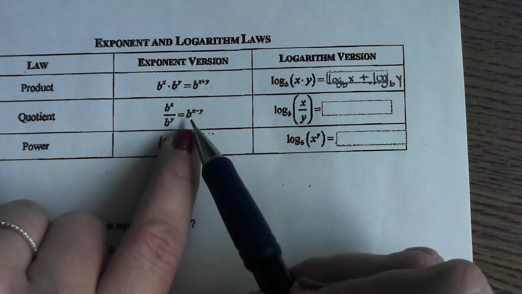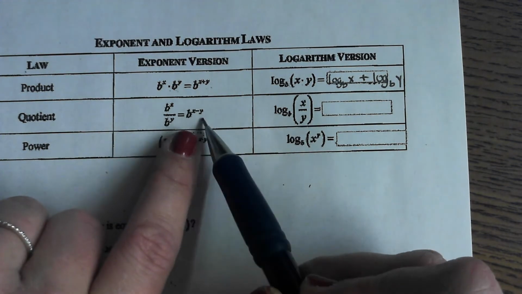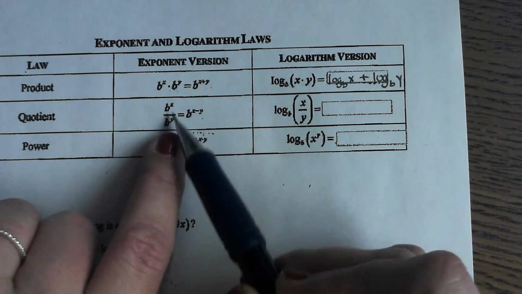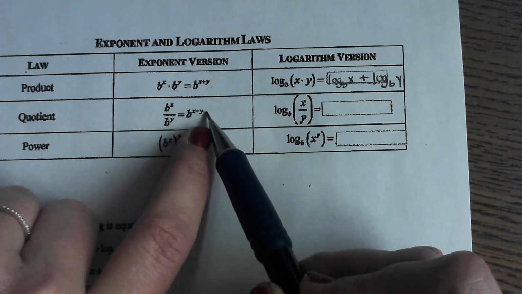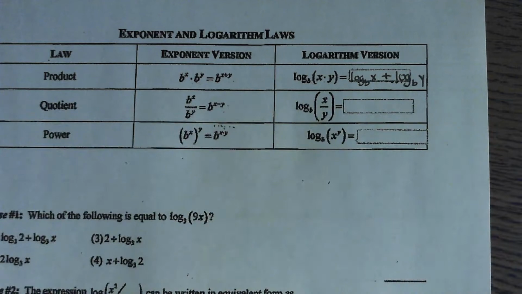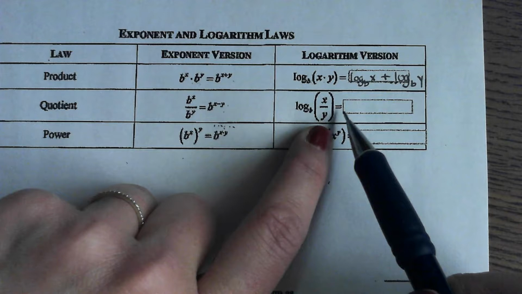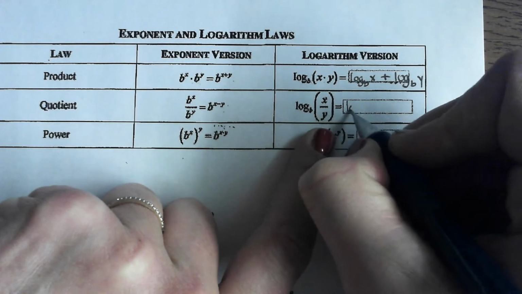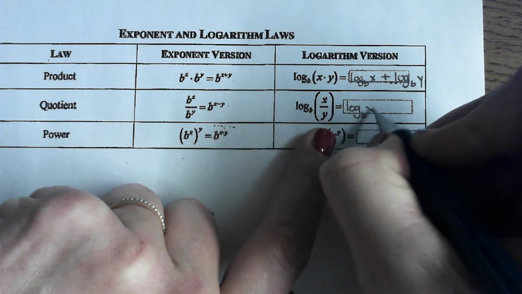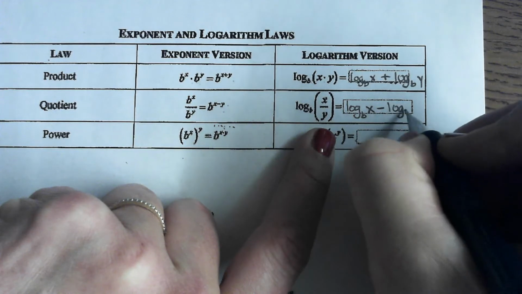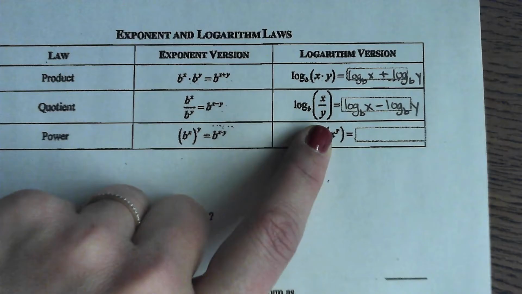Division, as you remember from exponent rules, ties with subtraction. So the division of common bases turns into subtraction. So when we expand the log, this division is going to turn into subtraction: log base b of x minus log base b of y.